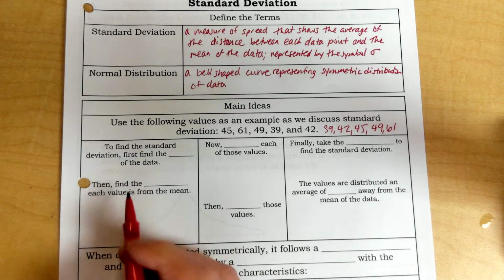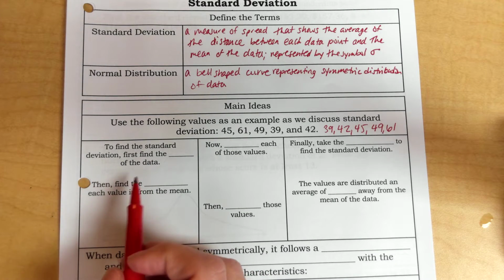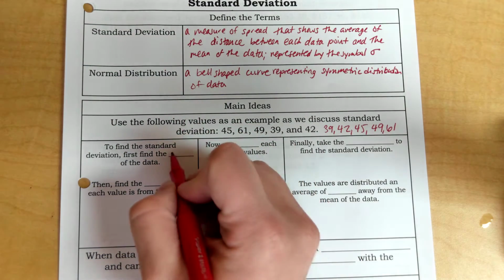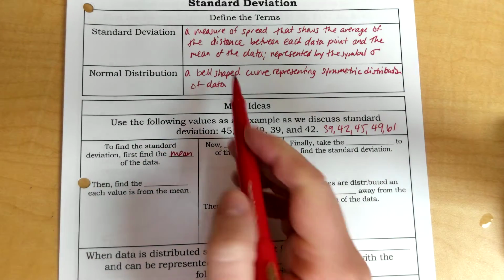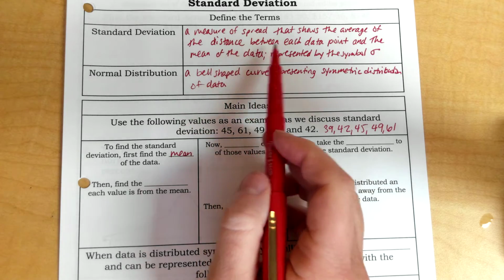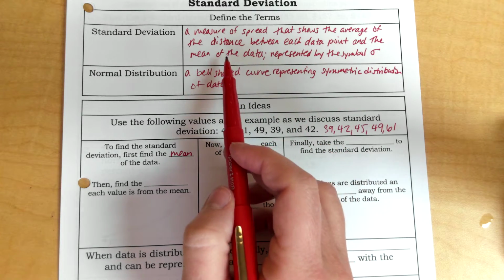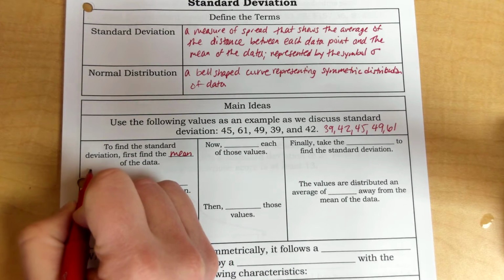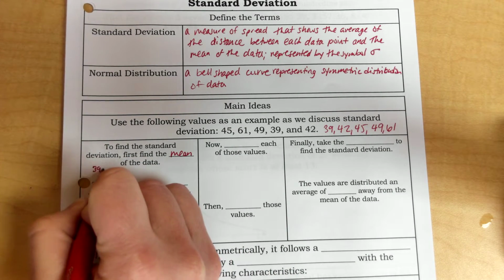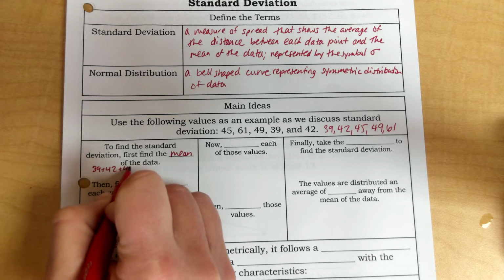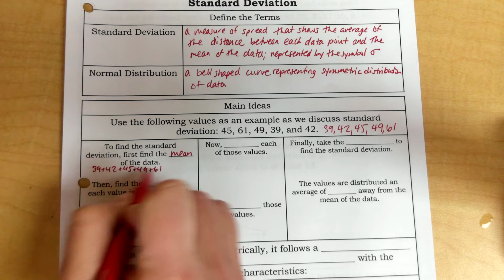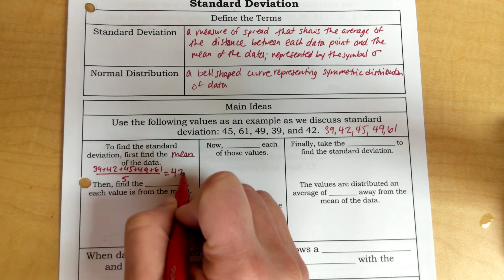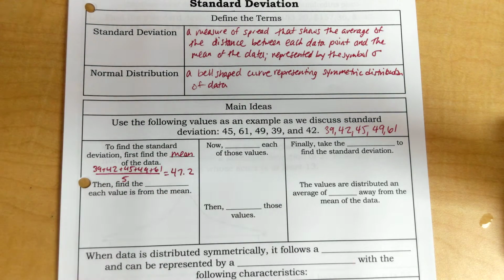Okay, so first off, we're going to find the standard deviation, and in order to do that, we first need to find the average or the mean of the data, because we're going to be looking for the distance that each data point is from the mean. Right, so we add these values together. So 39 plus 42 plus 45 plus 49 plus 61, all divided by 5, gives me a value of 47.2.